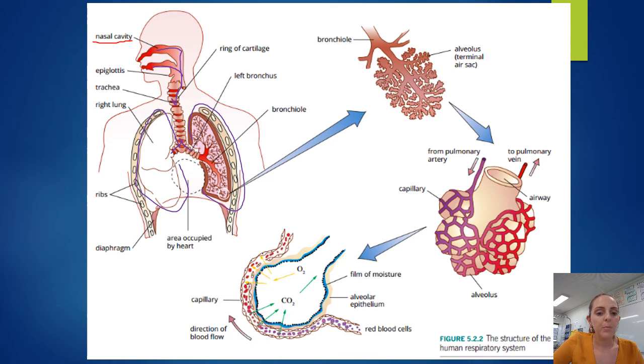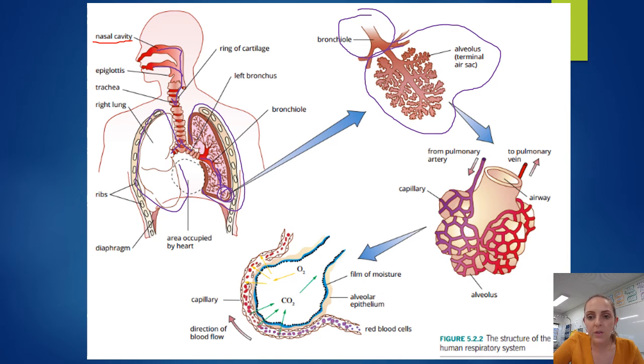The air is going to continue to travel down the bronchus into the smaller vessels called the bronchioles, and finally down to the finest of finest little air sacs, which are our alveoli. So if you have a look here, here's the bronchiole. So this is kind of this part here, and the last little bit, the alveoli, are there, and they really do look like little branches of coral or cauliflower or something like that.